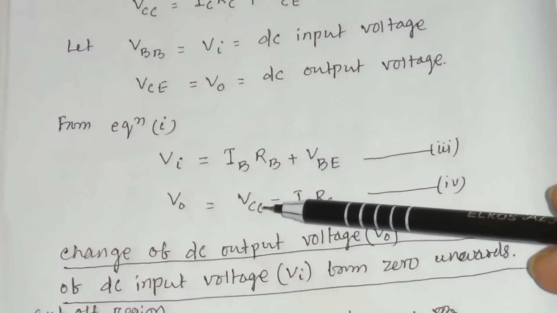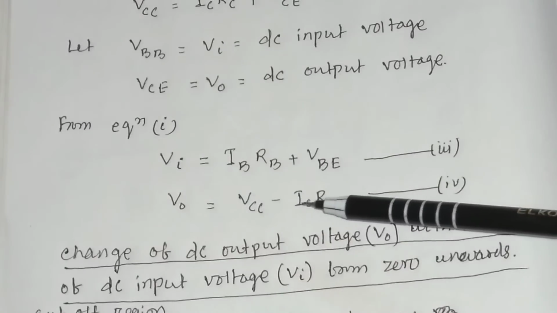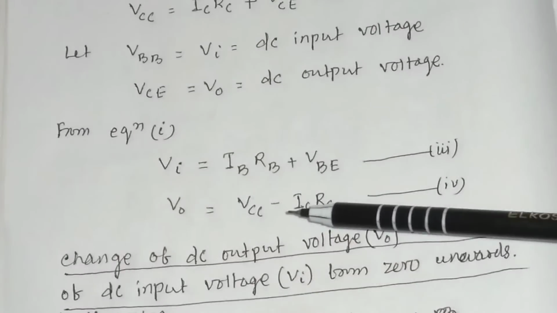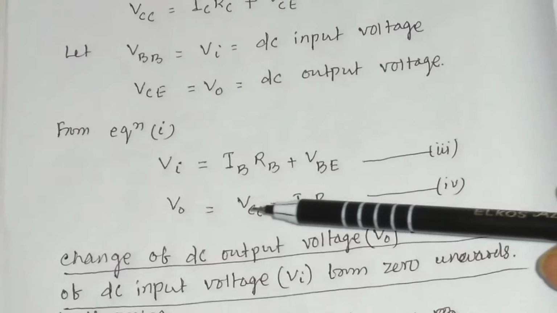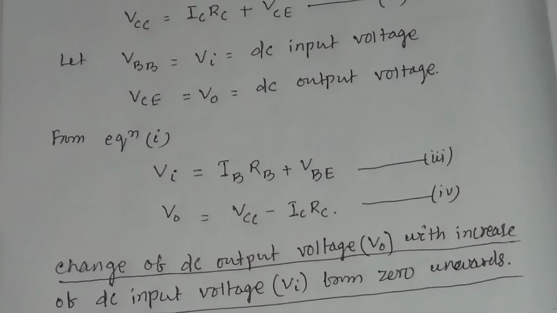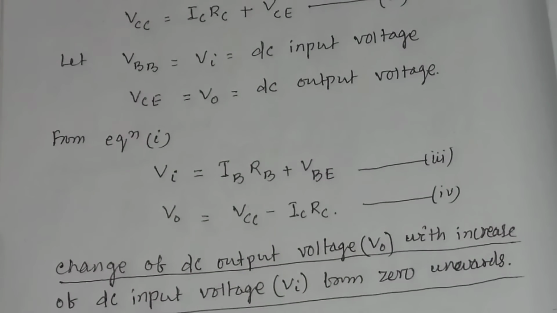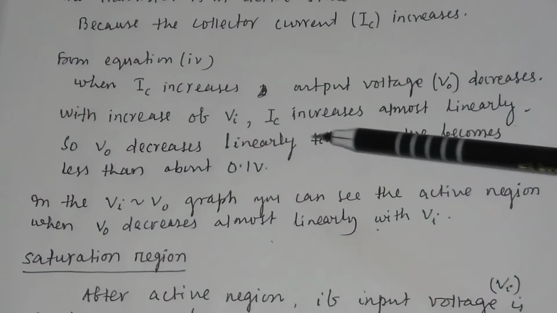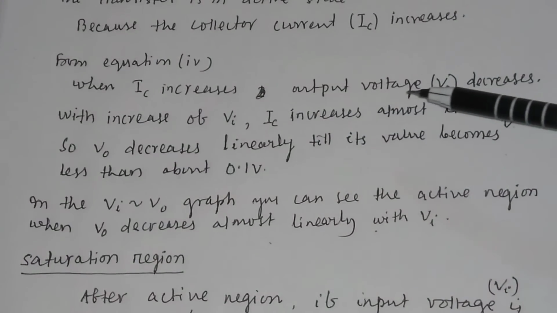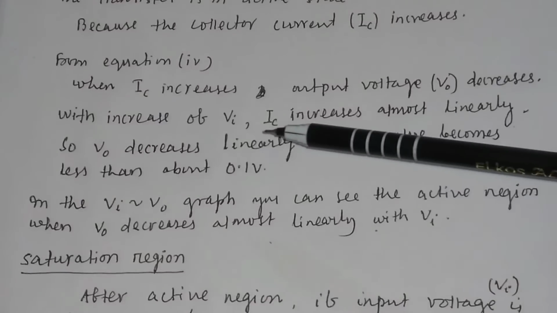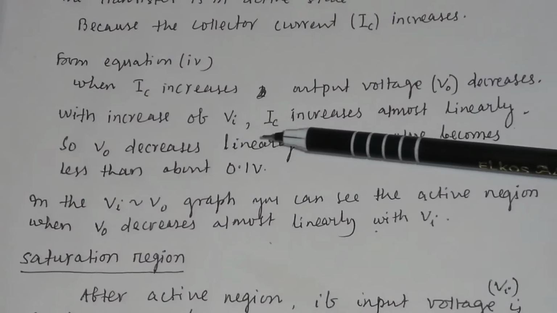So if you take the difference VCC minus this, when this factor increases, this difference will decrease. So V0, the output DC voltage, will decrease. So when IC increases, output voltage V0 decreases with increase of Vi, the input voltage.